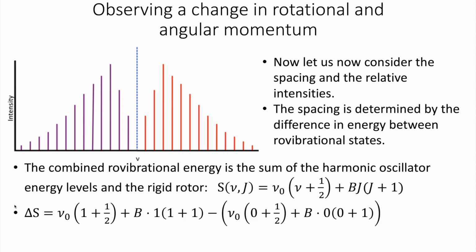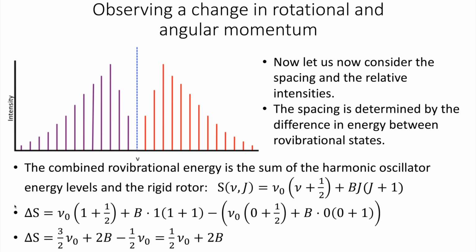So let's look at the one where we're going from the ground vibrational state, the quantum number 0, up to the first excited state for the harmonic oscillator, the quantum number 1. So our final state is nu equals 1, and our initial state is nu equals 0. And in terms of the rotations, our initial state is J equals 0, and our final state is J equals 1.